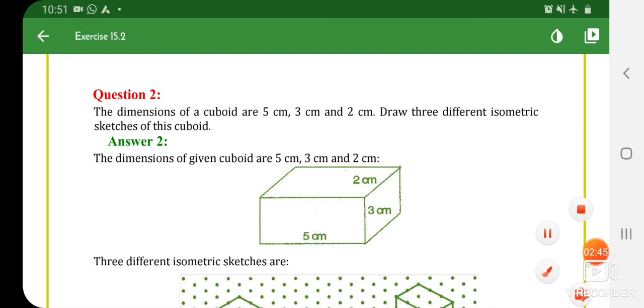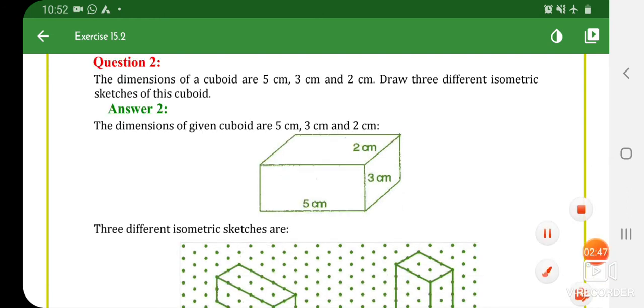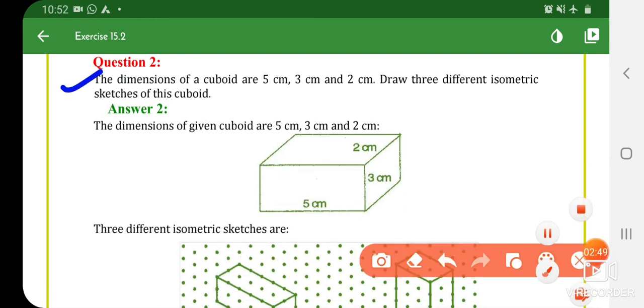And next is question number 2. In question number 2, the dimensions of a cuboid are 5 centimeter, 3 centimeter, and 2 centimeter. Draw 3 different isometric sketches of the solid. Here is given one solid shape of a cuboid, and we can use this measurement and draw 3 isometric sketches.